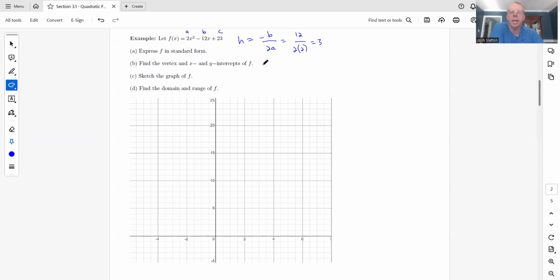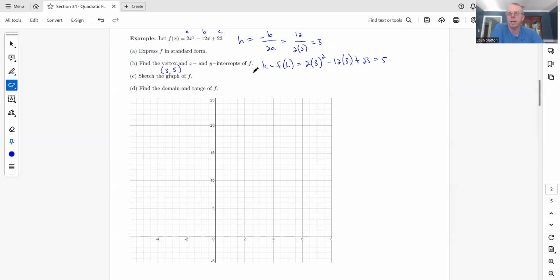Now to get k, we just plug h into f. So we have 2 times 3 squared minus 12 times 3 plus 23, and we get 5. And so our vertex is going to be (3, 5).